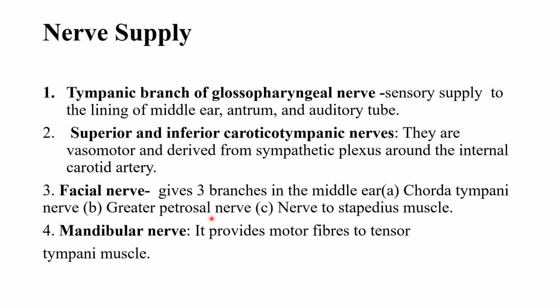Now the facial nerve, it is only running in the bony canal, and we have seen it in the diagram in the posterior and medial walls of the tympanic cavity. And now it will give three branches: chorda tympani, greater petrosal nerve, and nerve to stapedius.